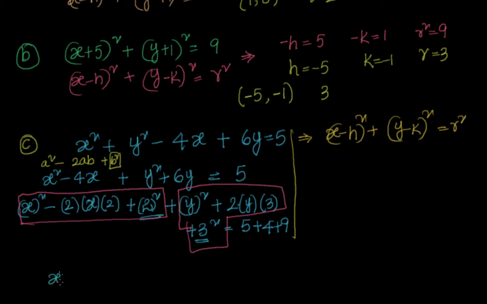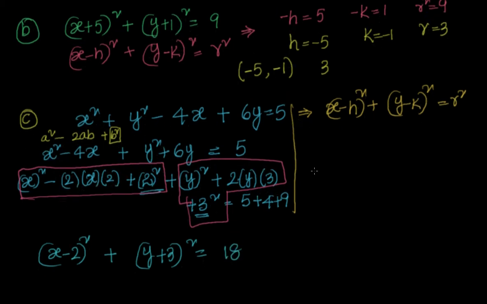Now I can write it as x minus 2 whole square plus y plus 3 whole square equal to 18, or I'll compare it here. I will say x minus 2 whole square plus y plus 3 whole square equal to root 18 whole square. I will write it as 3 root 2 whole square.